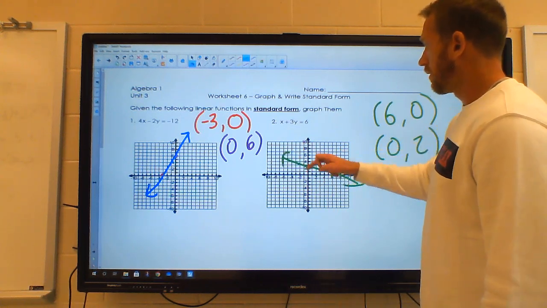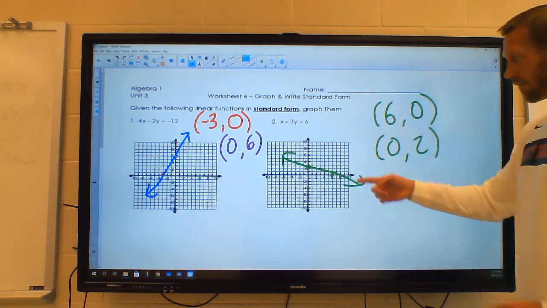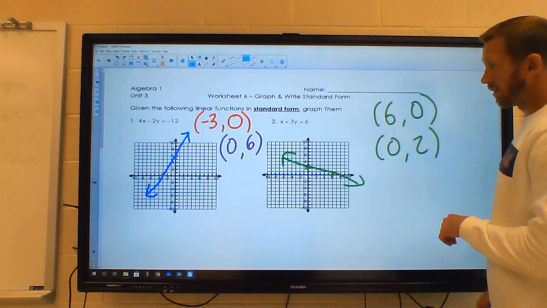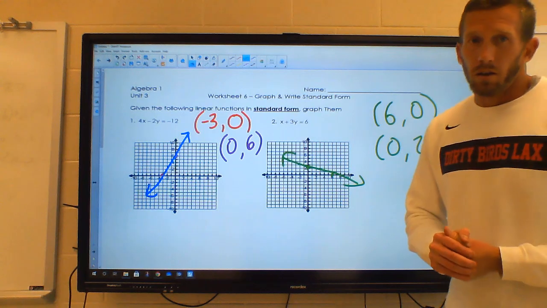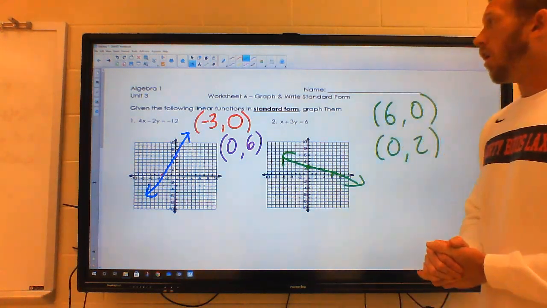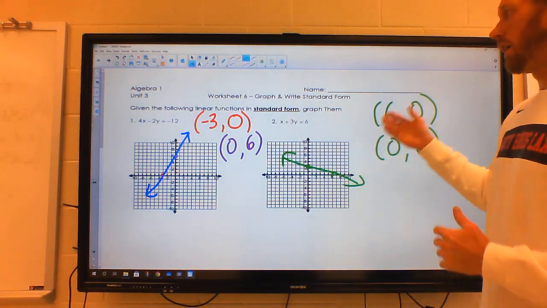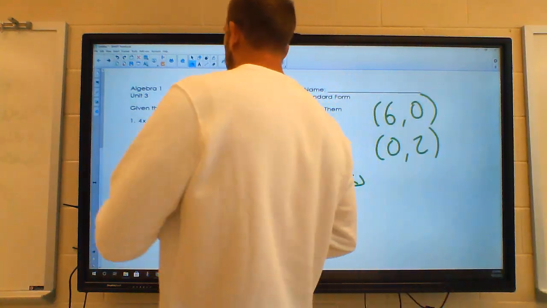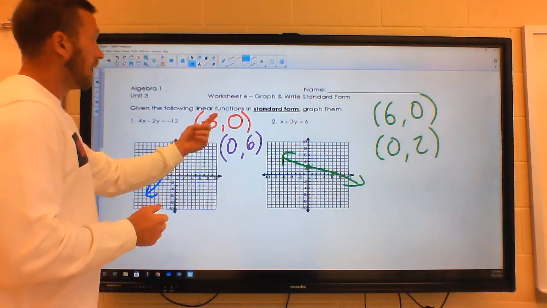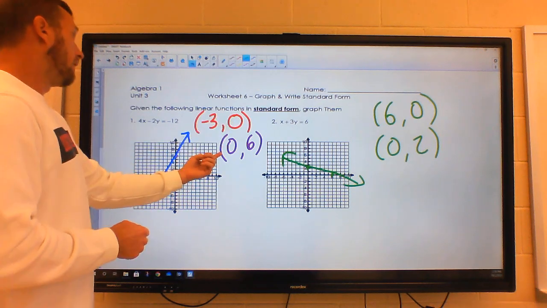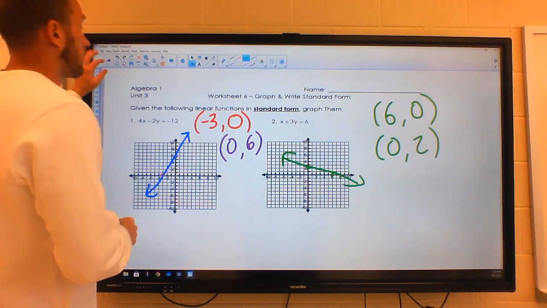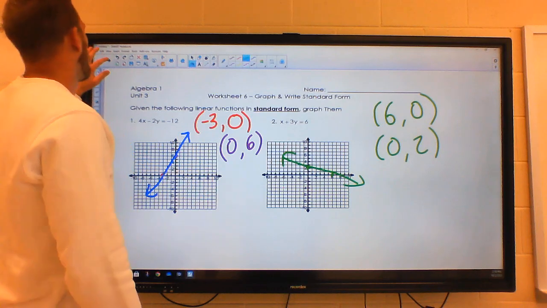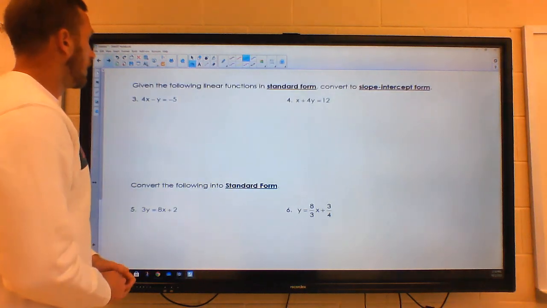So the easiest way to graph, and hopefully your graph looks a little bit cleaner than mine, maybe use a straight edge to draw that, but the way that we should be graphing our standard form equations is finding intercepts. That's probably the easiest way, because all you have to do is find 2 points: you plug 0 in for y, then you plug 0 in for x.